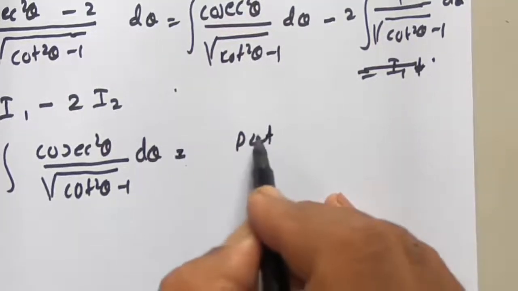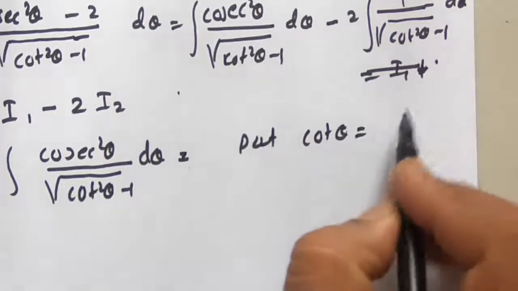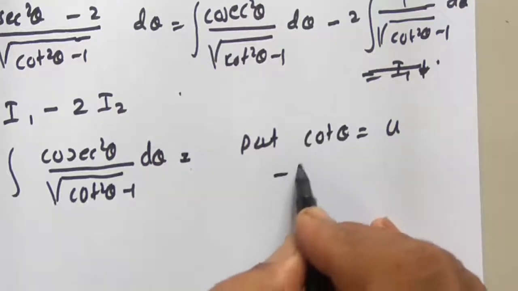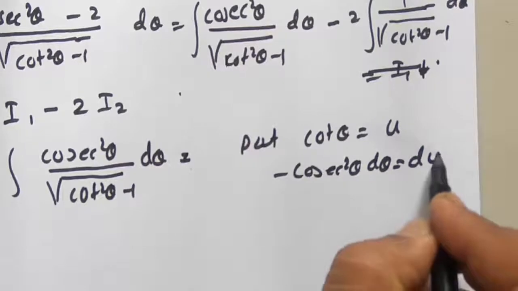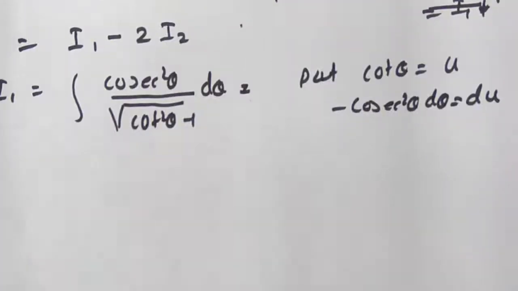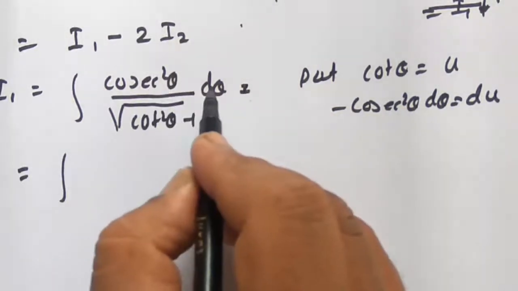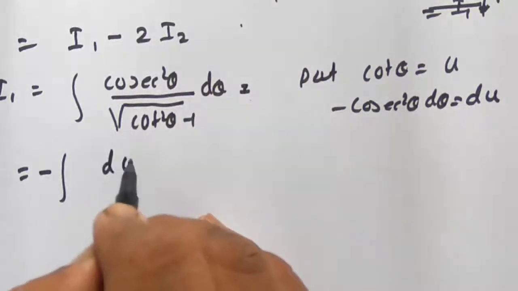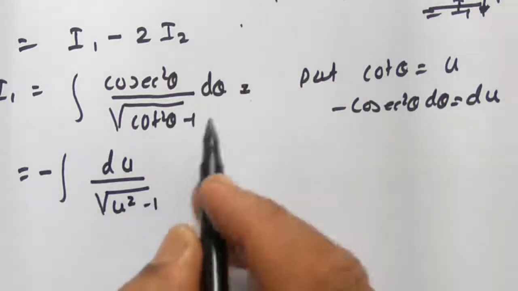Put cot theta equal to u. Differentiating, minus cosec square theta d theta is equal to du. Therefore I1 becomes minus du upon under root of u square minus 1.